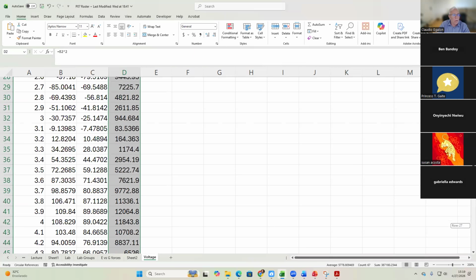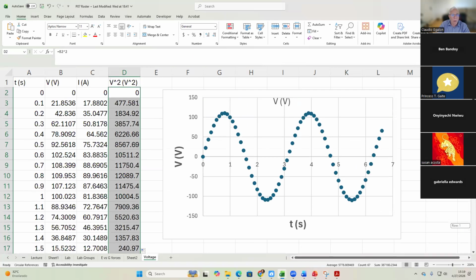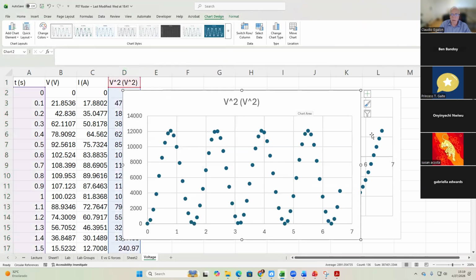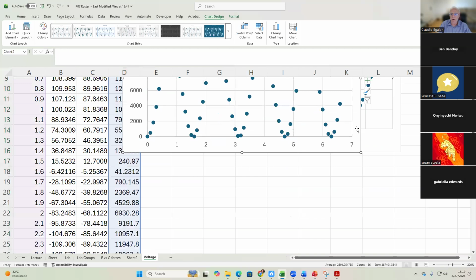Whoa, it's too large. Well, I'll plot it separately. Yeah, let me plot that separately. Okay, that's how the square looks.